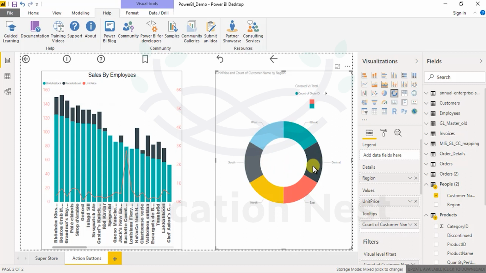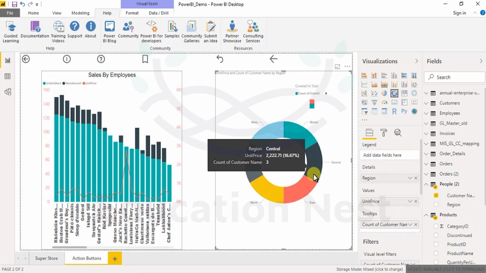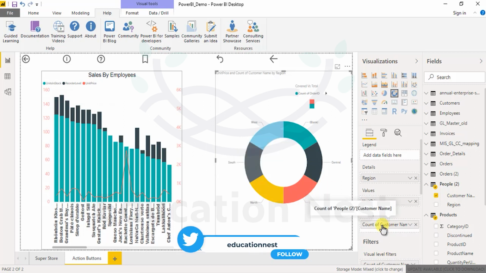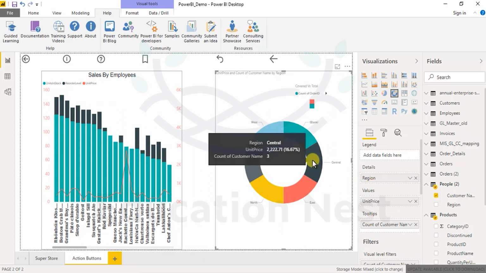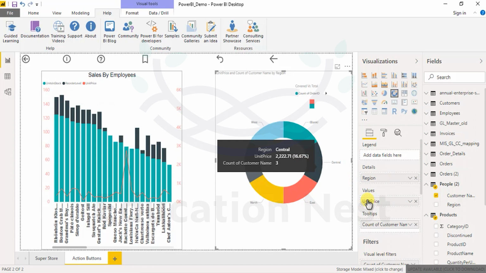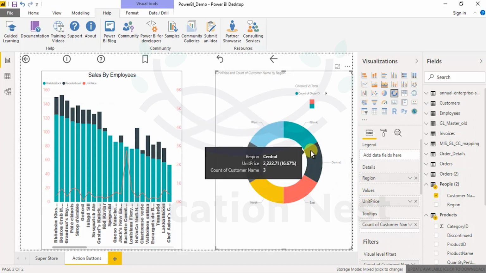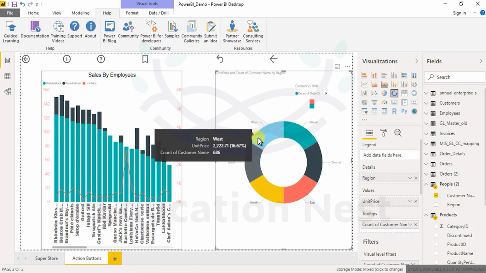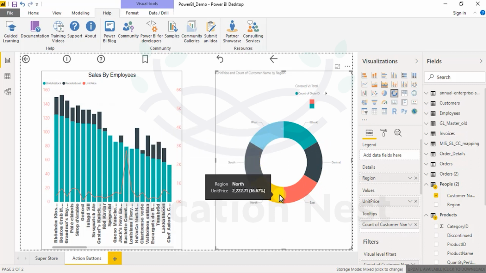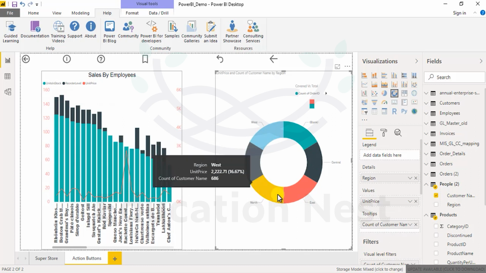So this is where, when you design a donut or a pie chart, the question you will ask yourself is, what do you want to keep in tooltips? How do you want to make your donut look? And on what basis? Our basis over here is region. What we are showing is the unit price as its value. So for every region, this donut is bifurcated on unit price. If you look at it, unit price is uniformly distributed.